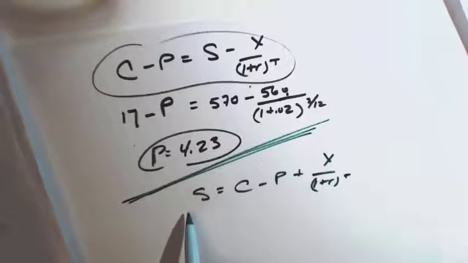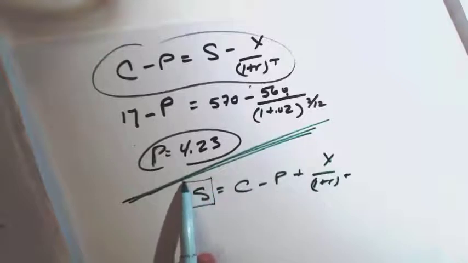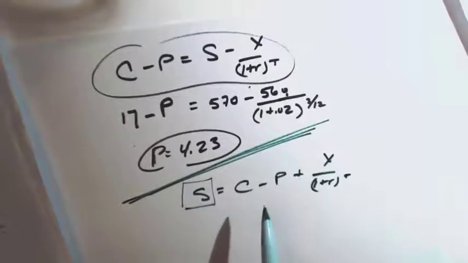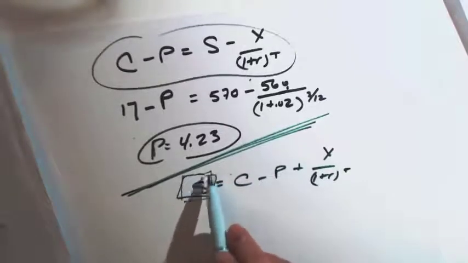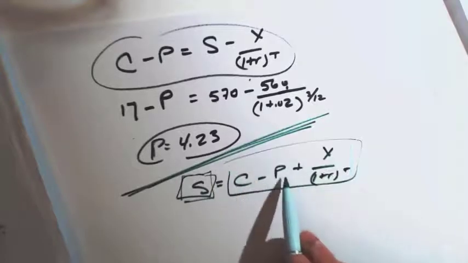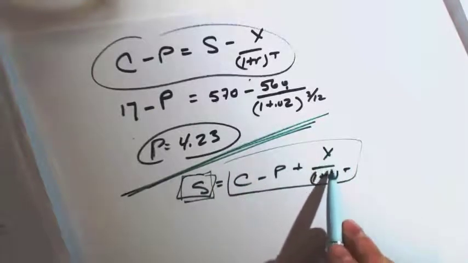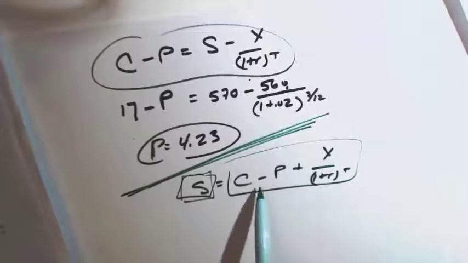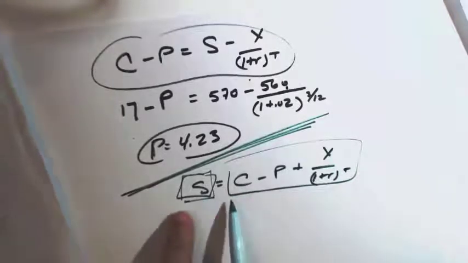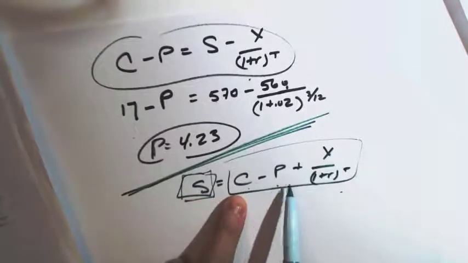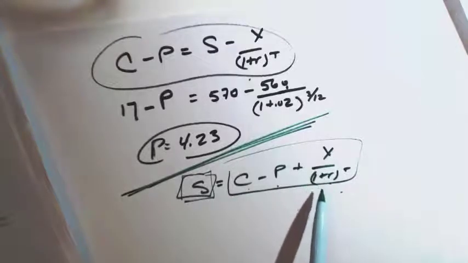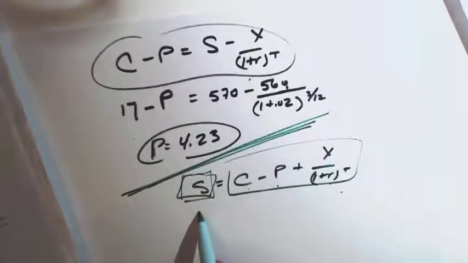In other words, if there's no arbitrage conditions, you don't actually have to buy the stock to get the same payoff as the stock. So you can buy the stock and get the payoff from S, or you can buy a call, short a put, and buy a bond at its present value of the strike, and you'll get the same action as the stock. So you can synthetically create a stock without buying the stock. You buy a call, short a put, and buy a bond at its present value of the strike.